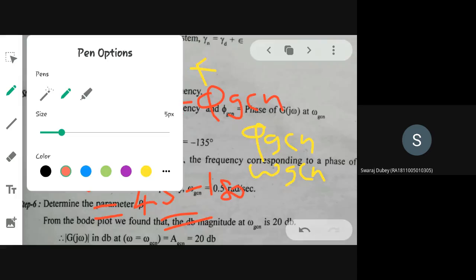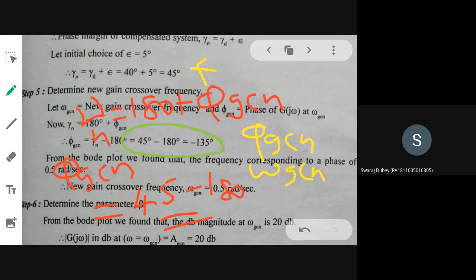So minus 135. In case you are not able to follow in between, ask me. This entire problem is 16 marks. Only drawing the Bode plot of the uncompensated system will not give you full marks, it will give you only 2 marks. So you should remember the remaining steps.